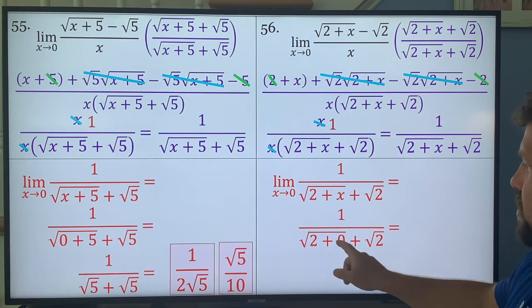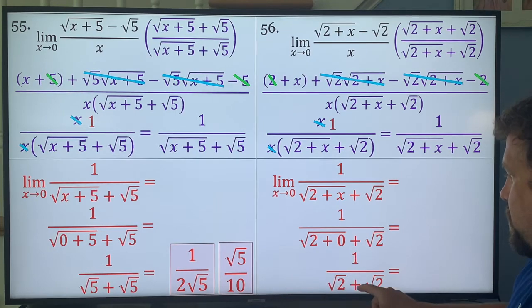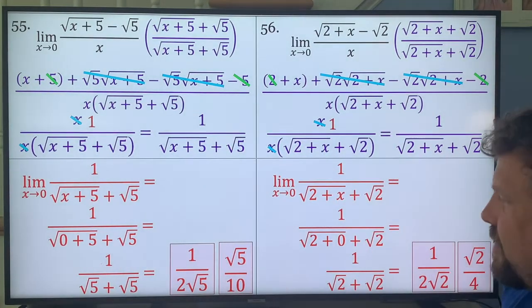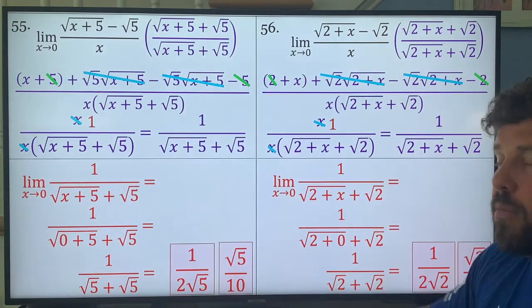Guess what? 2 plus 0 is 2. Radical 2 and radical 2 is 2 radical 2. Multiply both these by radical 2 to simplify. Get radical 2 over 2 times 2, radical 2 over 4. Right. Which one's a better answer? In my class, I don't care right now. This is probably more efficient, better.